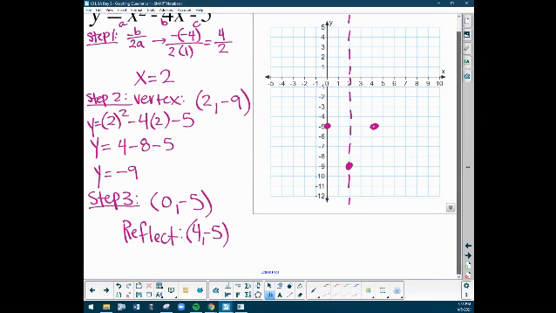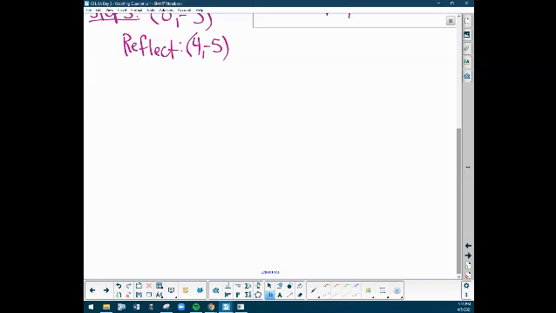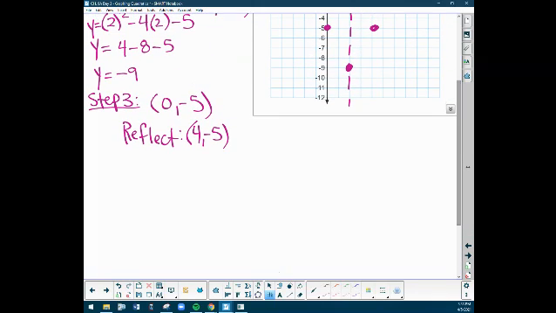Okay, last part is to make a table. You have a table on your notes, but I don't have one in here, so let's make it over here. So our x value, remember we start with the vertex. Let's call it the vert.